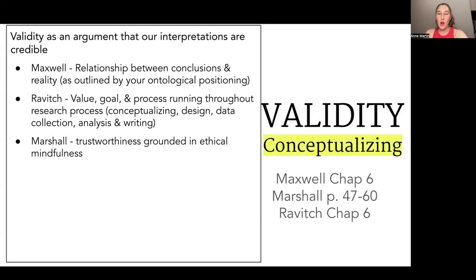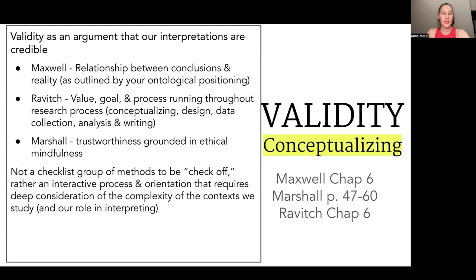Marshall really centers in on this idea of trustworthiness that's grounded in ethical mindfulness. So, thinking about what are the dimensions and the differences between credible versus trustworthy, and how that might better reflect your epistemological framing or how you've done your design.